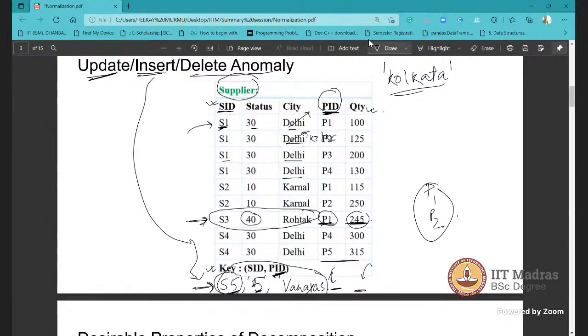In the ideal case you will not get an error. By chance, if you update manually row by row, it can happen that where the city of S1 is Delhi, you have to update it to Kolkata, but you forgot to update that. Maybe possible, right? Sir, by hand we are doing that. Yeah, manually.